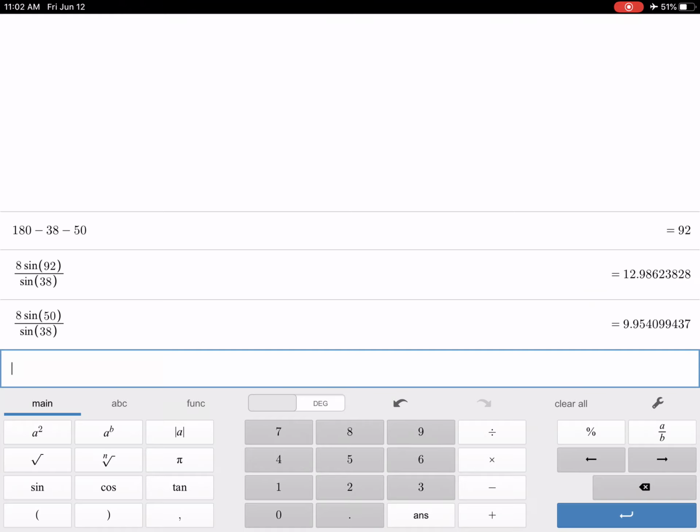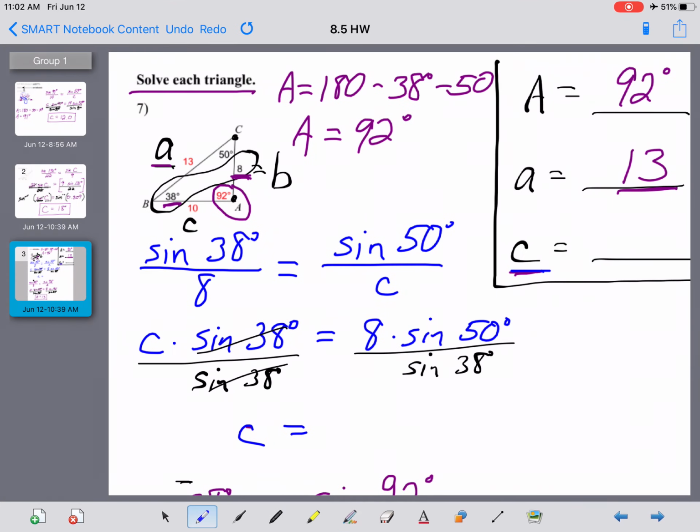And again, their directions said to round to the nearest whole number, so that's going to come out to be 10 for the measure of little c. And we said a moment ago that little c should end up being in between the other two sides, longer than the 8 for side B, but shorter than the 13 for side A. And sure enough, that's how it worked out.